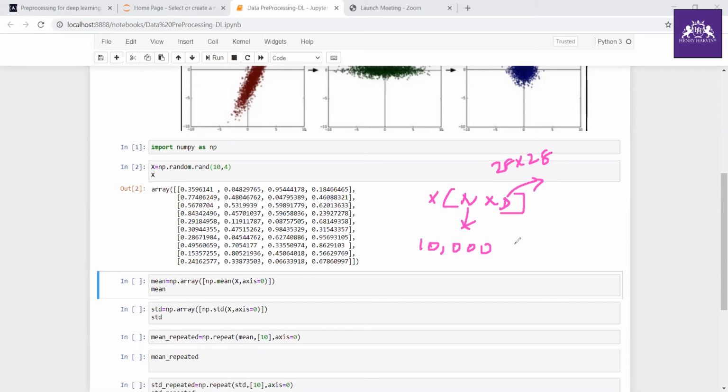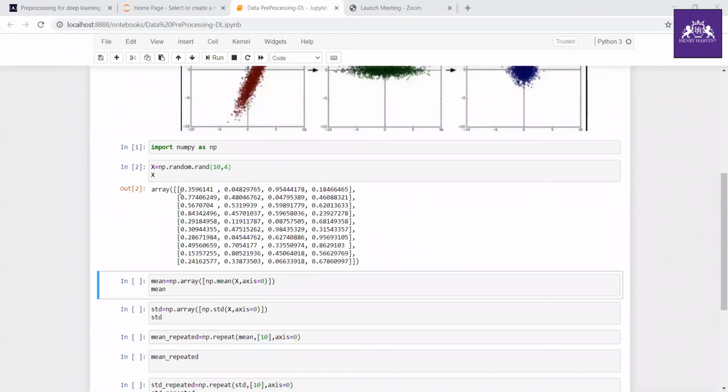The images had values from 0 to 255, so we divided by 255 and made everything range from 0 to 1. So we are clear with that idea. The same thing we are going to look into in a scientific way.